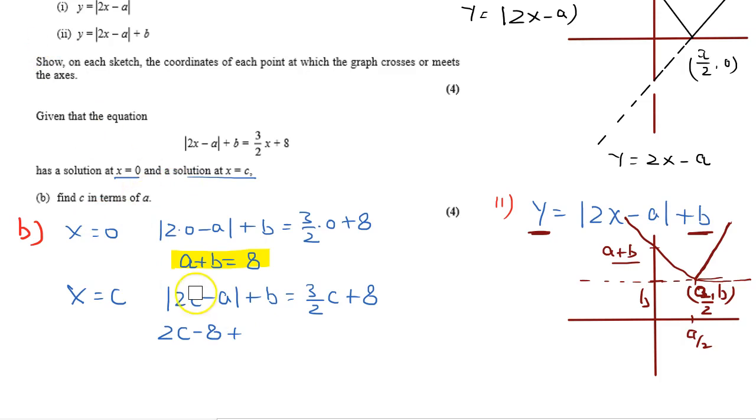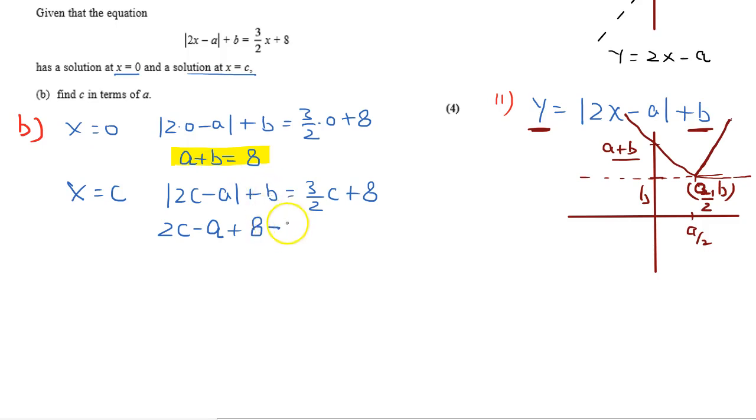So 2c minus a plus 8 minus a is equal to 3 over 2c plus 8.